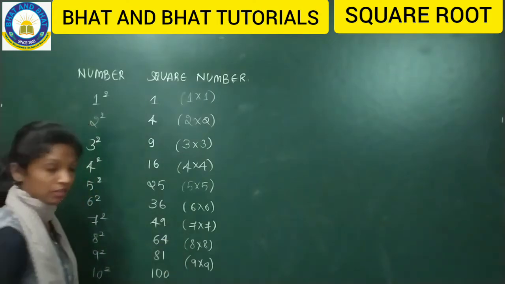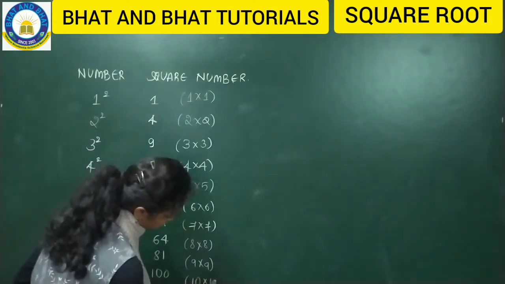And 10 square is 100, that is 10 into 10.